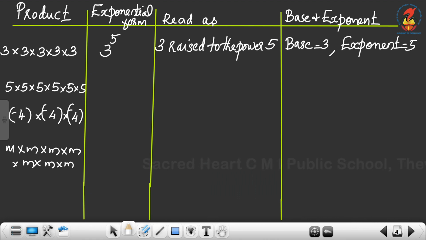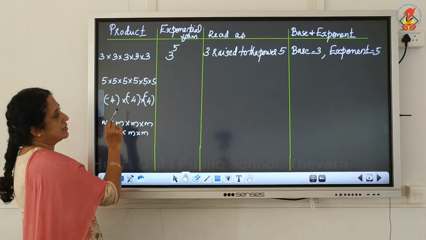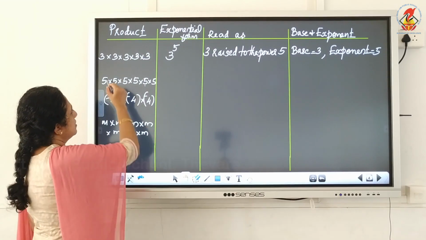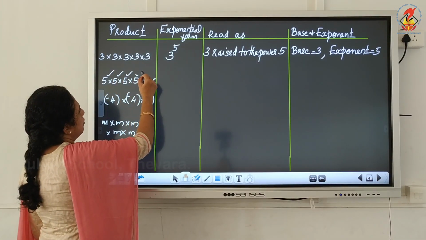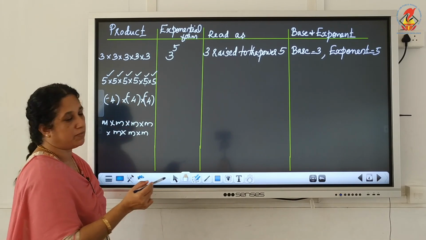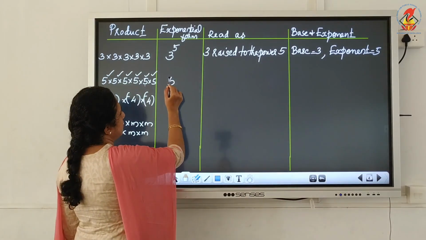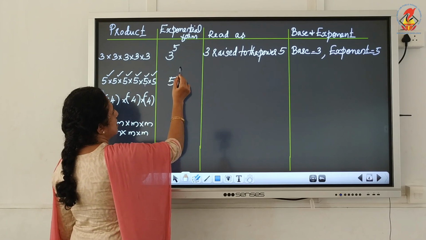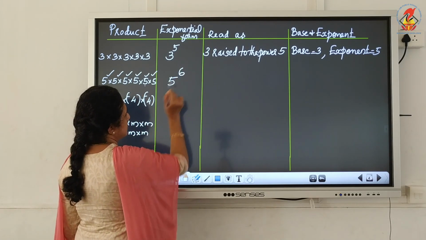Now look at that. 5 into 5 into 5 into 5 into 5. The number 5 is multiplied by itself how many times? 1, 2, 3, 4, 5, 6 times. So how can we write it in the exponential form? First you write 5. Then how many times is it multiplied by itself? 6 times. So right hand side up, write 6.